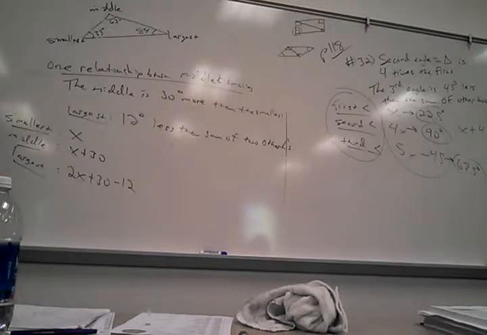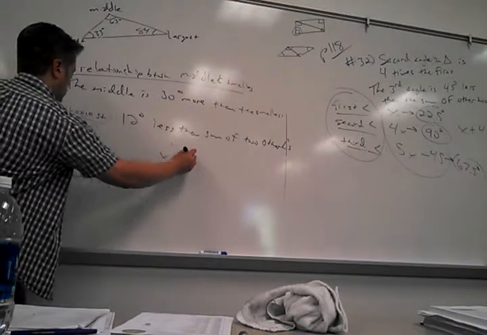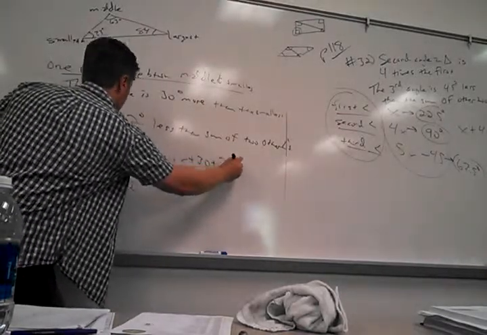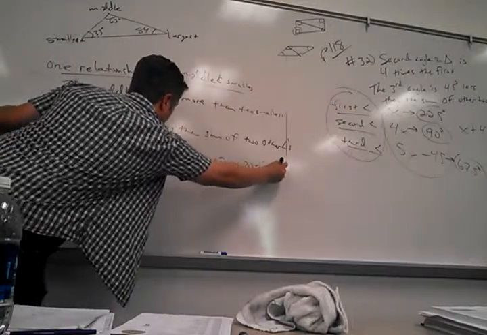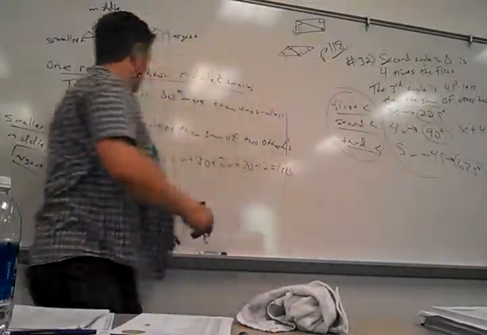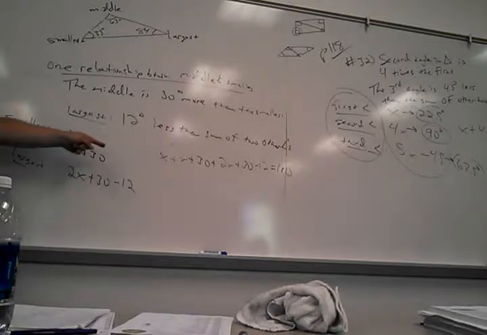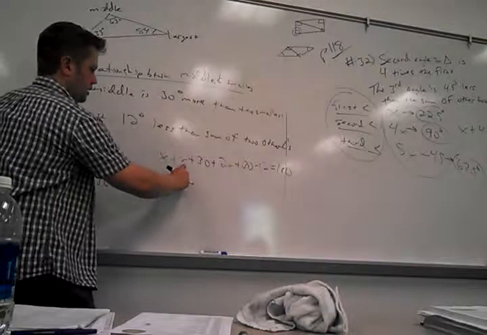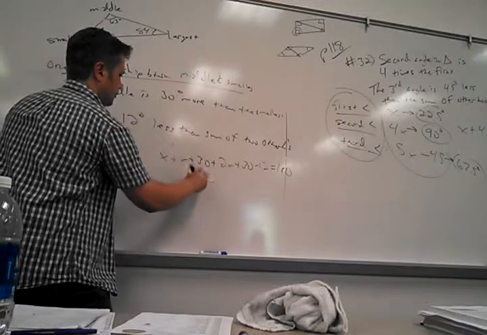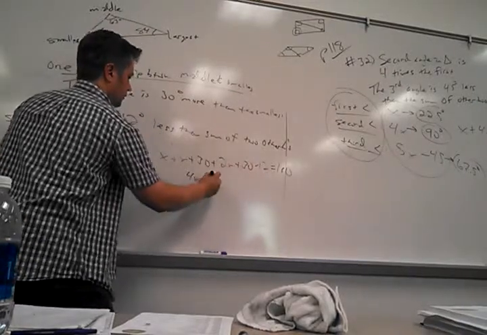I like it. And what are those 3 things supposed to do? Equal 180. So I use x plus x plus 30 plus 2x plus 30 minus 12. And then you just solve that. Let's see. 2x, 4x, 60 minus 12.